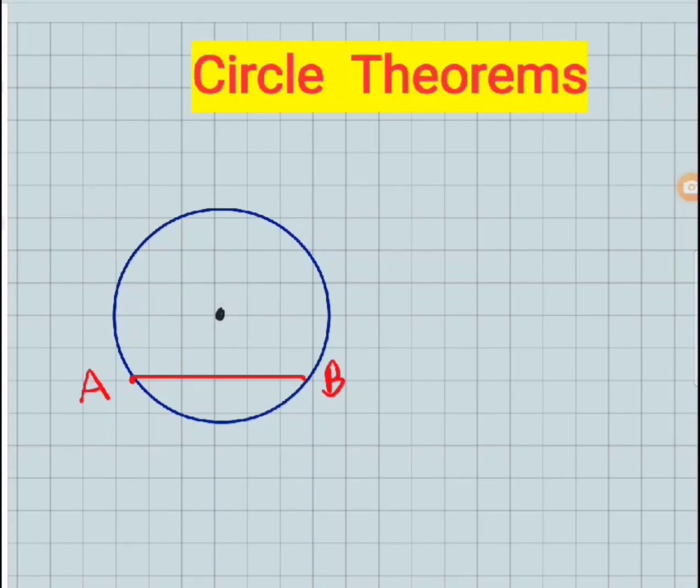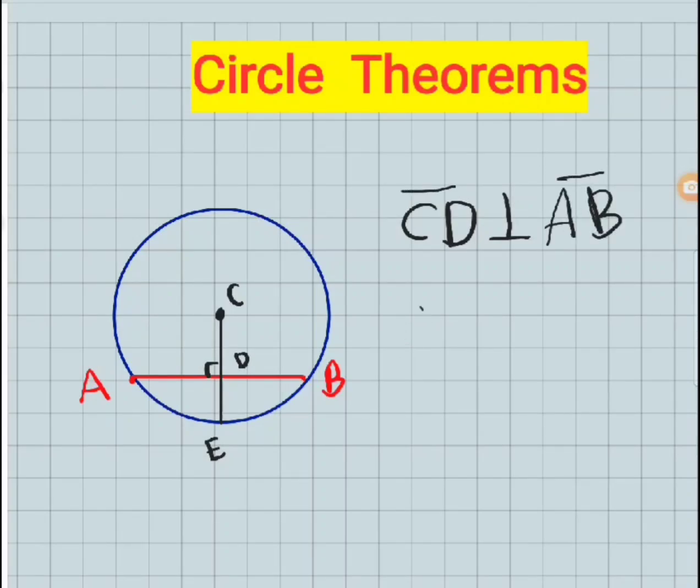Now let's draw the radius in such a way that it's perpendicular to this chord. So let's say this is the center of the circle, point C, and then this is point D and E. So you need to know that if CD is perpendicular to AB, then CD bisects AB.